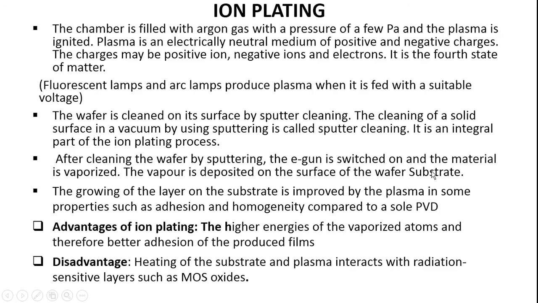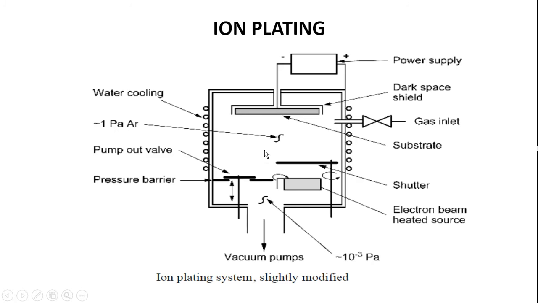The E-gun is switched on and the material is vaporized. Here is the source where the electron gun makes heat on the surface of the target. The ionization of the gas takes place here, and that causes the material vapor to be produced due to the heating from the electron beam, which heats up the ions hitting the surface of the target.